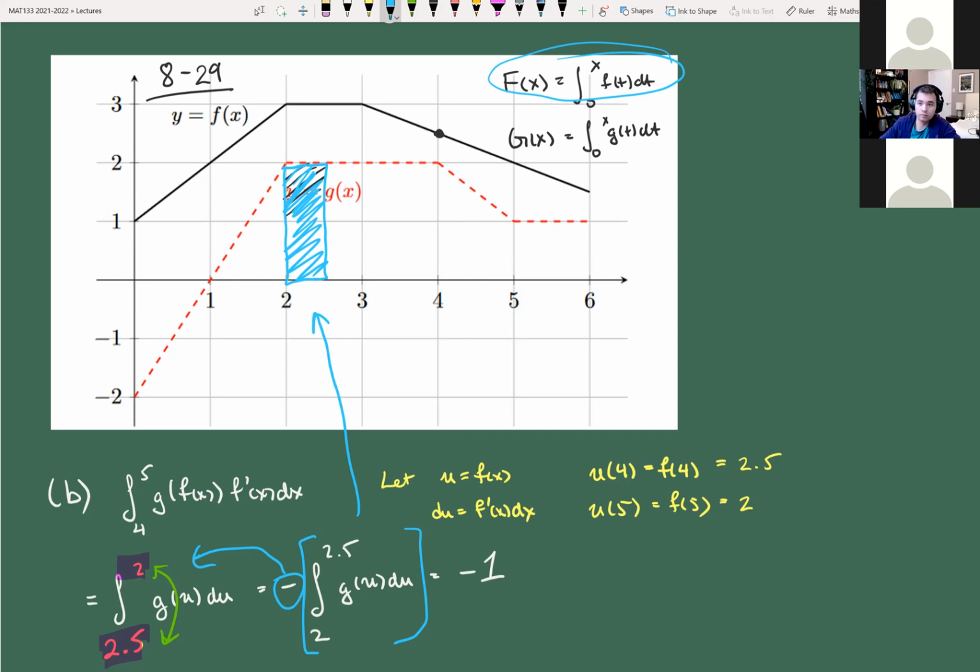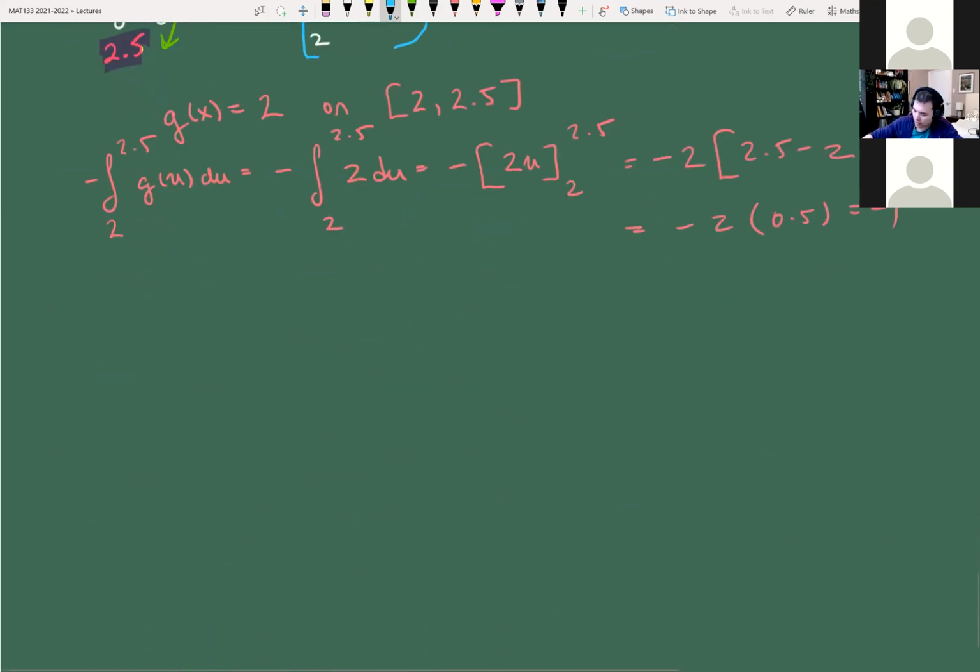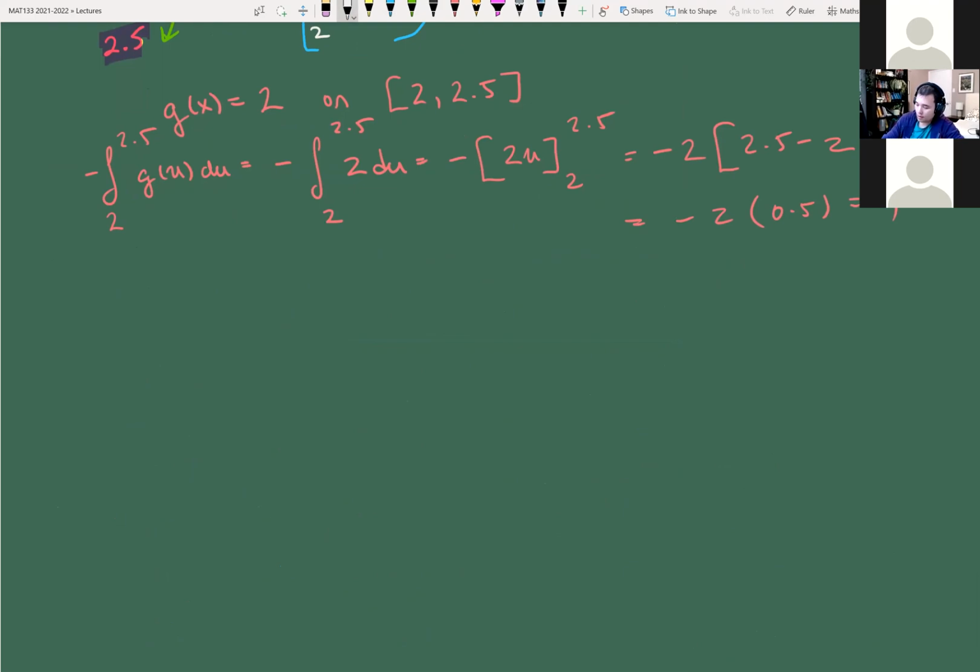So, don't. For example, in part A, without me going into it, you should integrate by parts, and you should differentiate the function capital F. Do you know what I'm saying? In part A, you have an integral from 2 to 3 of f of x. You should integrate by parts.